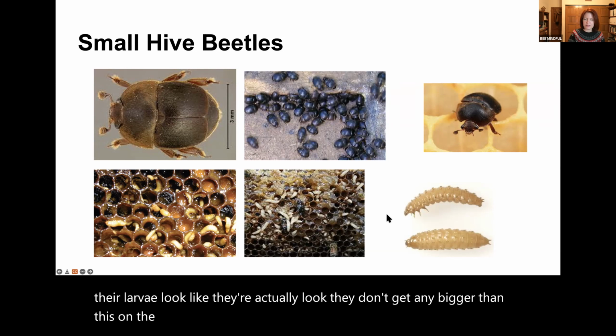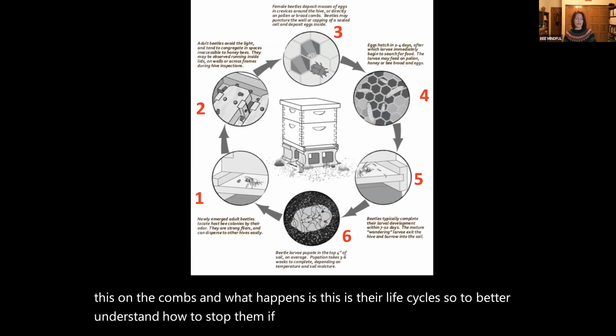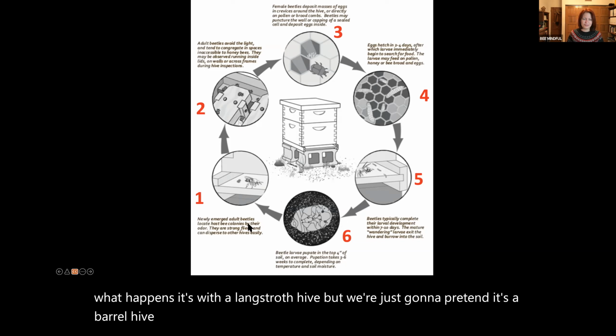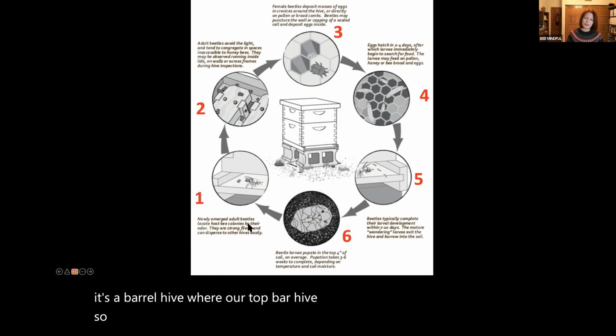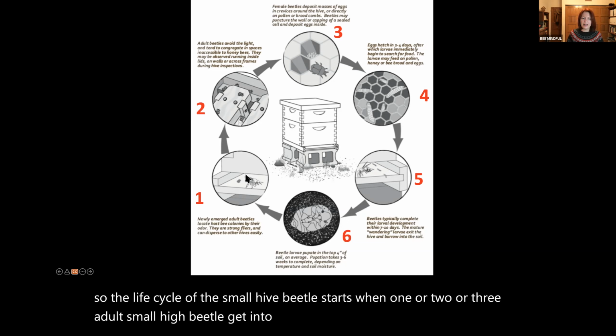And what happens is, this is their life cycle. So to better understand how to stop them if you have an issue, this kind of explains what happens. It's with a Langstroth hive, but we're just going to pretend it's a barrel hive or a Tabar hive. The life cycle of the small hive beetle starts when 1 or 2 or 3 adult small hive beetles get into the hive.